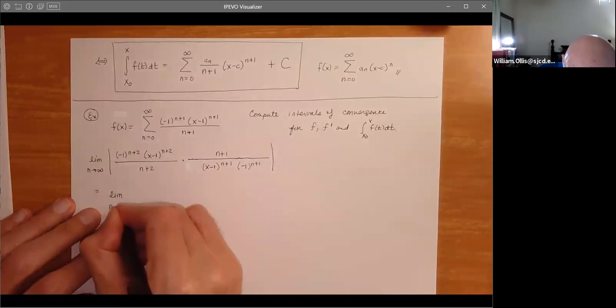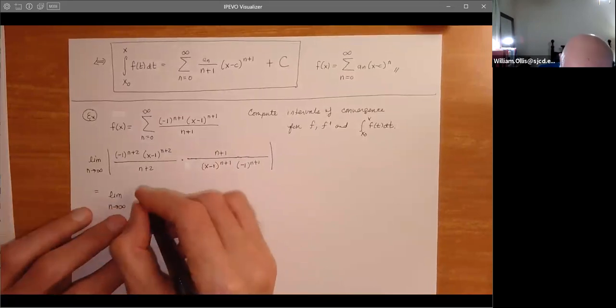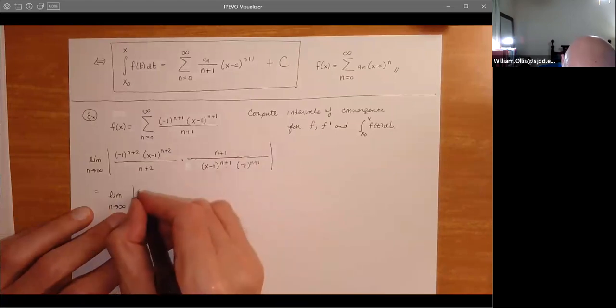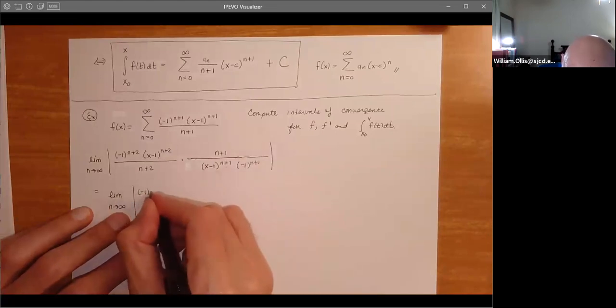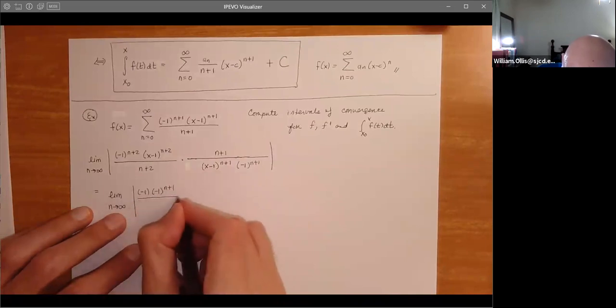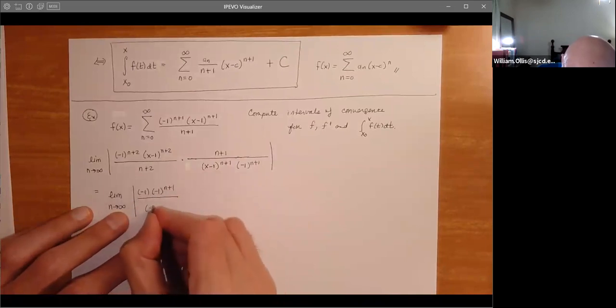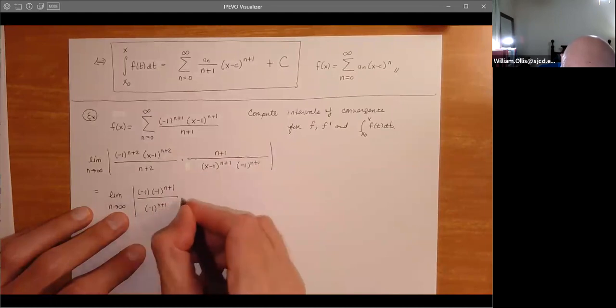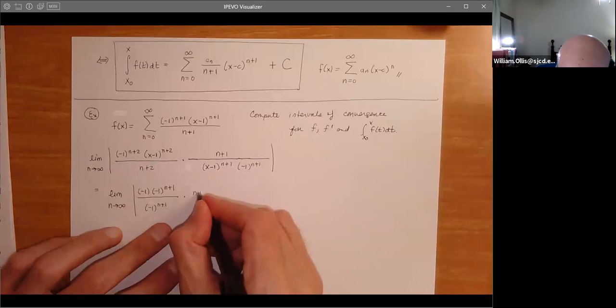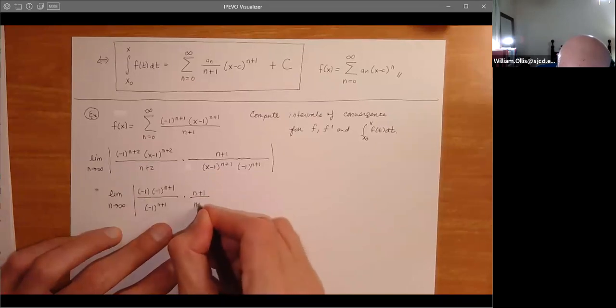So n passes to infinity. If we think about it, we've got the negative 1 and the negative 1 to the n plus 1. Let's put the negatives together: negative 1 to the n plus 1. So those will absorb, leaving us a negative 1. And then, of course, we have an n plus 1 over an n plus 2.